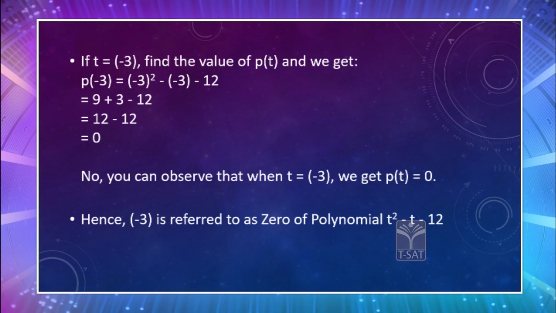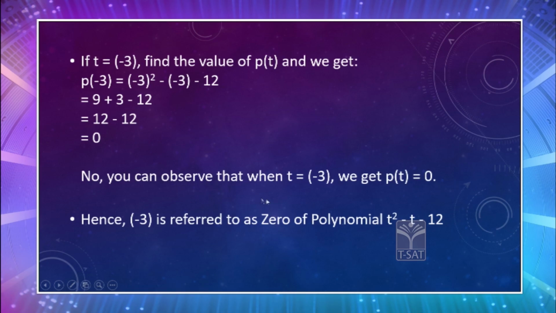Now, if you take t equal to minus 3, when t is replaced by minus 3, then p of minus 3 is minus 3 square minus of minus 3 minus 12. Minus 3 square itself is 9, minus of minus 3 is plus 3, minus 12. 9 plus 3 is 12, 12 minus 12 is 0. So, p of minus 3 is 0.